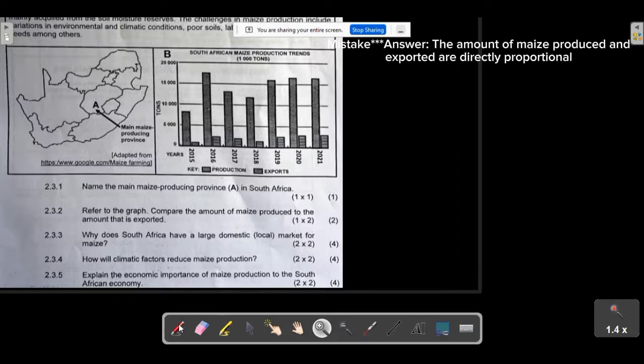Of course, in all of these, you can clearly see that there's more maize produced, but there's little of it being exported. You look at the key. The key is quite important in answering this question. So there's more maize produced, and there's less exports.